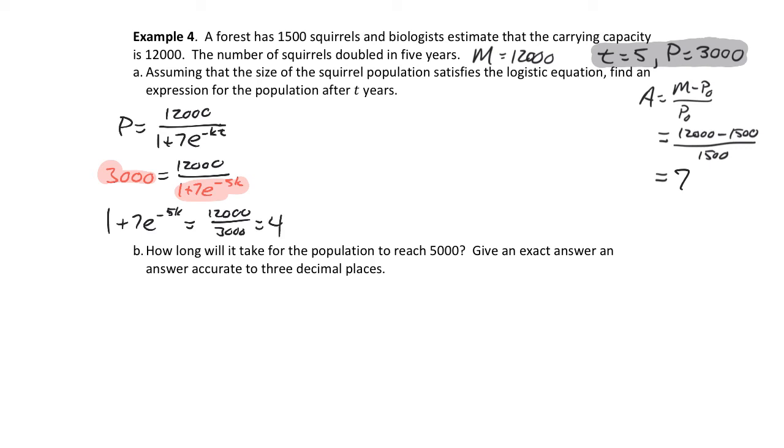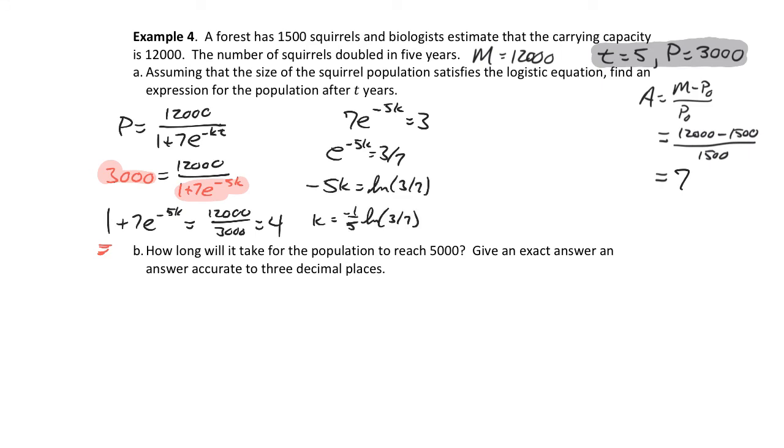That's 4. If we subtract 1 from both sides, we end up with 7e to the negative 5k equals 3. Divide both sides by 7: e to the negative 5k is 3/7. We will take the natural log of both sides and divide by negative 5. And we end up with k equals negative 1/5 natural log of 3/7.